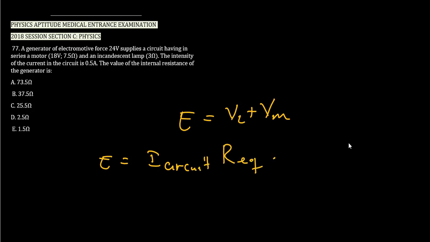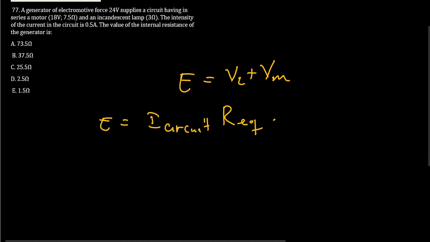Okay, so we are simply going to apply Kirchhoff's voltage law, that the EMF E will simply be the sum total of the voltage drop across the incandescent lamp and the motor. So across the motor, that's VM. All of them are connected in series, and also this total EMF is given by the total current flowing in the circuit times the equivalent resistance.